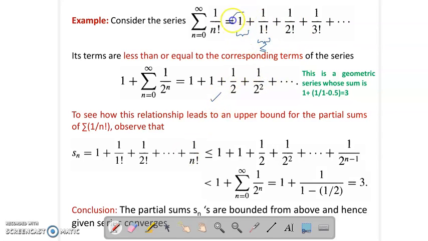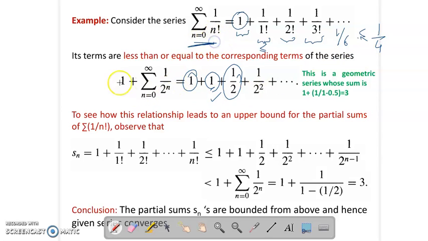How? 1 equals 1, 1 by 1 factorial equals 1, 1 by 2 factorial equals 1 by 2, 1 by 3 factorial, that is 1 by 6, is less than or equal to 1 by 4. So each term of this series is less than or equal to the corresponding term of this series, and we know that this series, series 2, is convergent.